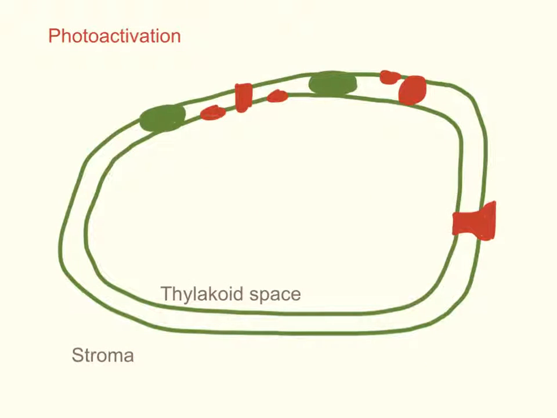The first step in the light-dependent reaction is photoactivation. In photoactivation, the light comes down and hits the chlorophyll pigments located in photosystem 2, which contains chlorophyll and other accessory pigments.